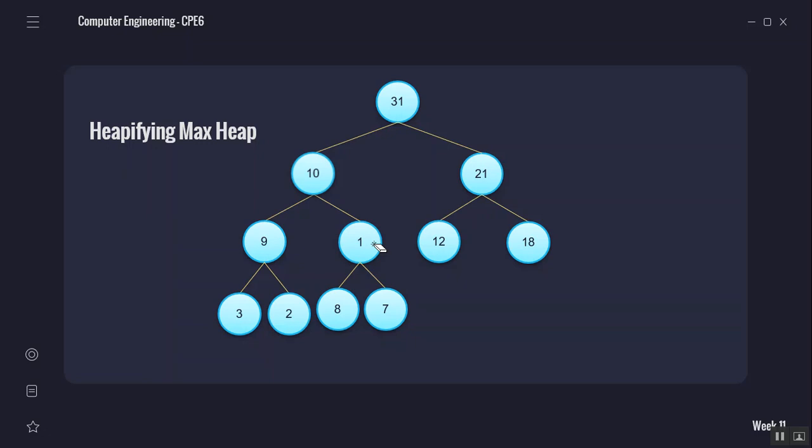Considering 8 and 7, we obviously know that 8 is greater than 7. So we need to switch node 1 with node 8. As you can see here, we have swapped node 1 with node 8, and as you notice, we have already followed the max heap property by heapifying node 1.